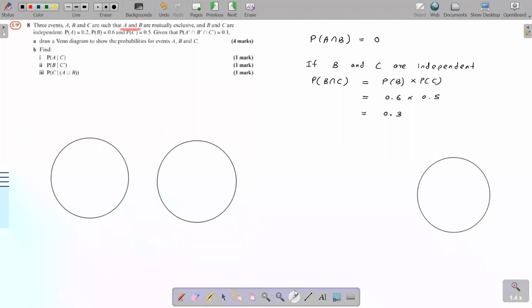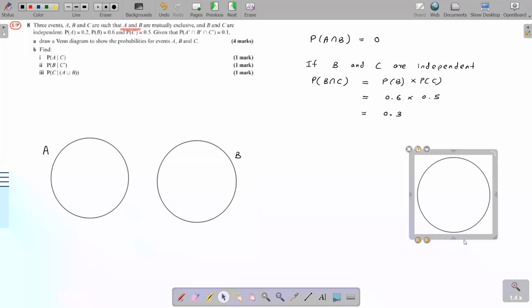And then what about the circle C? Now they say B and C are independent. Of course, if they're independent, there is an intersection. But that doesn't mean that the dependent events don't intersect, right? They still intersect. This is circle A, this is circle B. We know A and B don't meet, but they don't tell you anything about A and C. So we can't assume that A and C also don't meet.